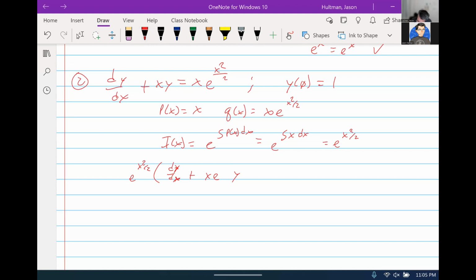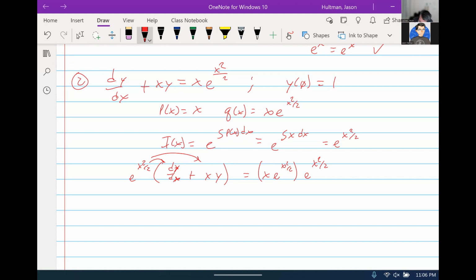Oops, I already distributed there. Let's just do xy. Okay, is equal to x times e to the x squared over 2 times e to the x squared over 2. Okay, so distribute.